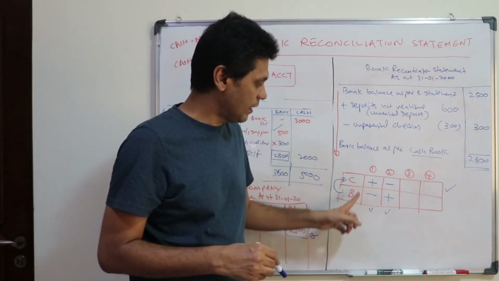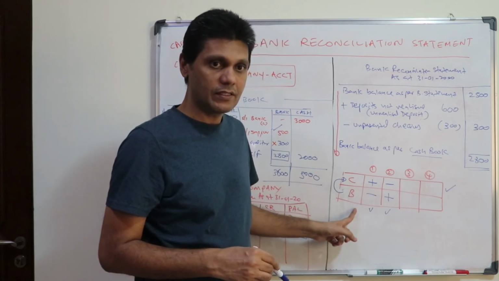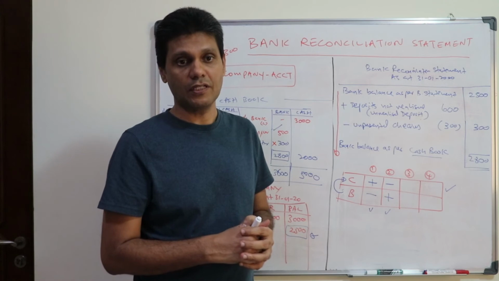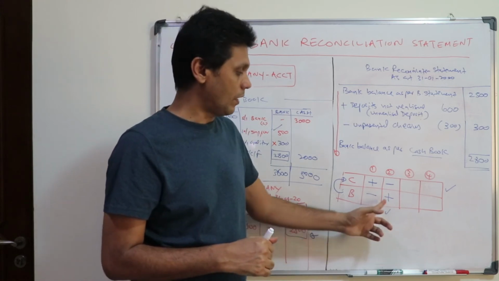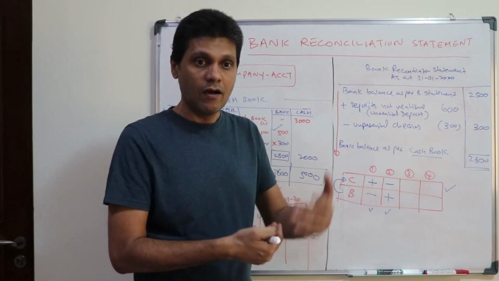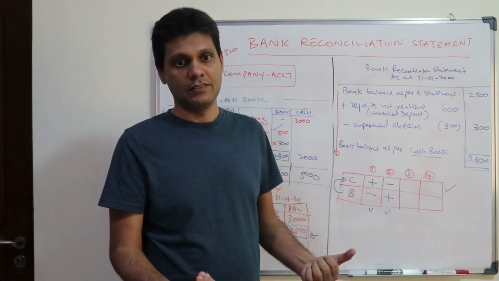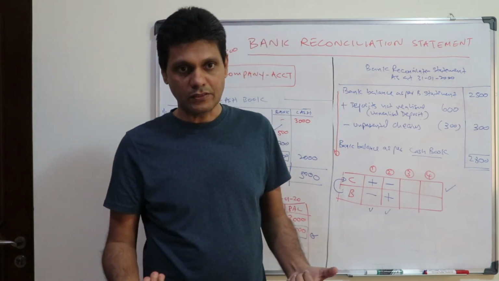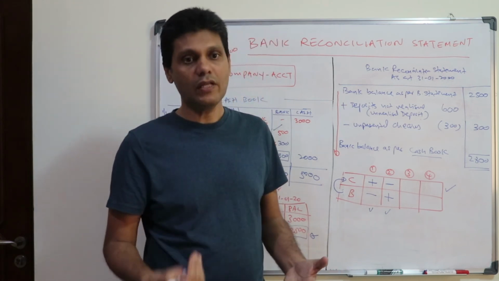If you can learn this method, either way you can prepare the bank reconciliation statement. Only thing is, you need to understand the impact, whether the bank statement balance is more or less, whether the cash book balance is more or less.